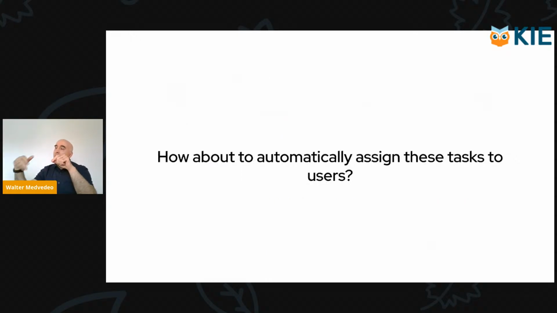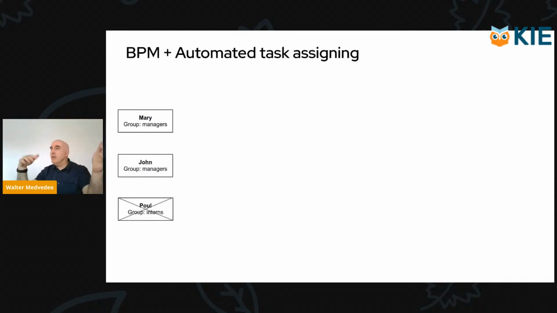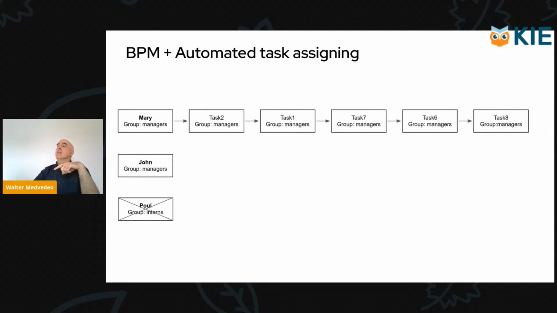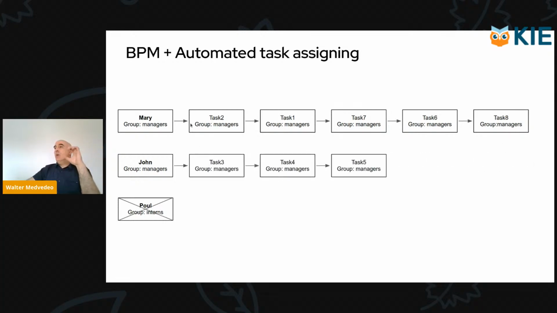But the question that we asked ourselves in OptaPlanner is, okay, how about automatically assigning these tasks? So instead of users having to go through a list and start picking tasks manually, how about if we can instead feed every user with a piece of the work to do, right? How about if we go to a different approach?